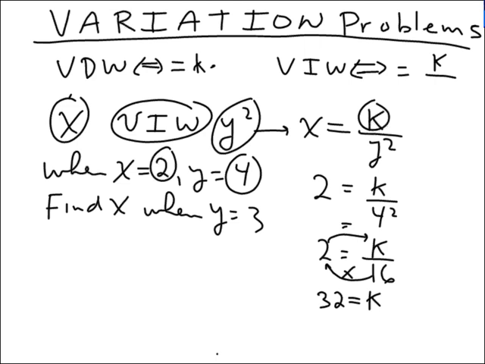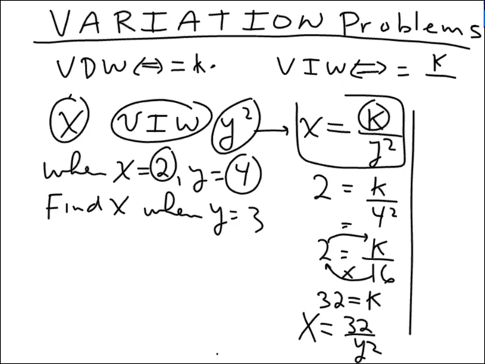So now we know k, and I can update this. X is equal to 32 over y squared. Find x when y is 3. Okay, x is equal to 32 over y squared. X is 32 over 9. This cannot be reduced. You can write it as a mixed number, but it can't be reduced.